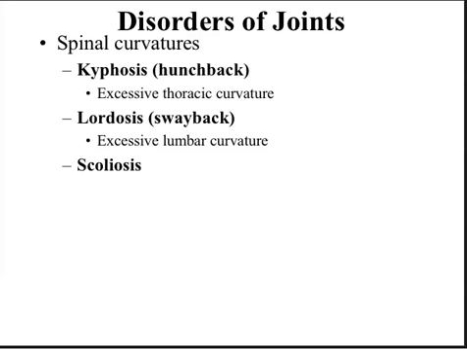And then scoliosis, which is a lateral curvature often due to having lower limbs of unequal length or having problems related to the ligaments and tendons that stabilize the spine in the lateral aspect.